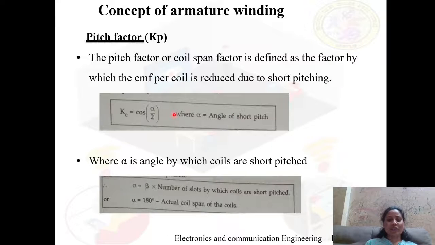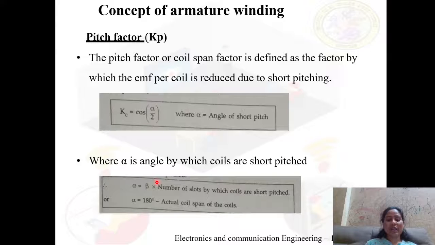That is the angle which is responsible for producing the short pitching, we call it alpha, and we can calculate alpha with this equation: alpha is equal to beta into the number of slots by which the coils are short pitched, which is nothing but 180 degrees minus the actual coil span of the coil, where beta is the slot angle.